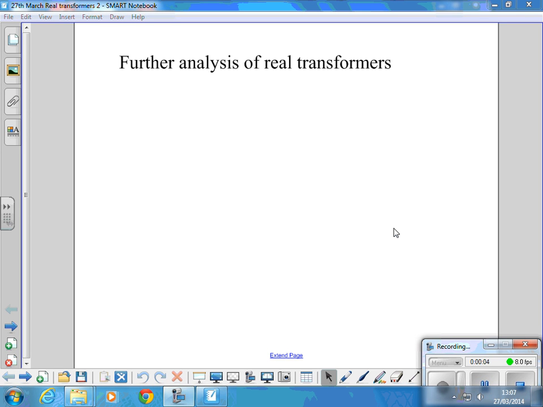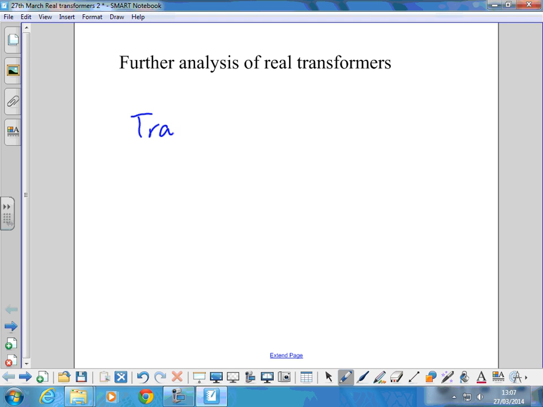Today we're going to do some further analysis involving real transformers. In a nutshell, we're going to look at the transformer model in open circuit mode.